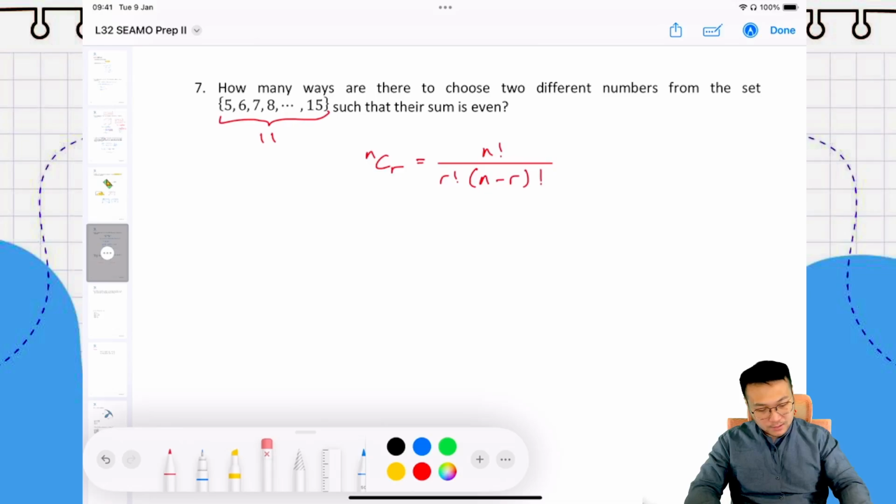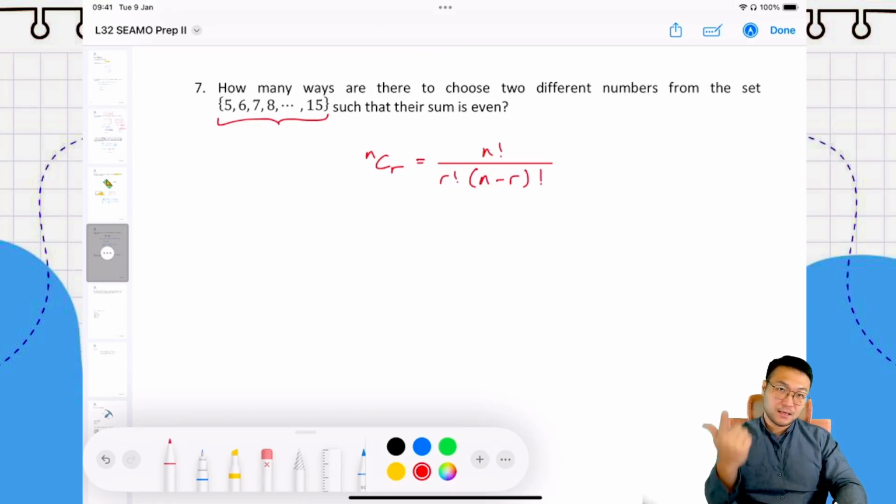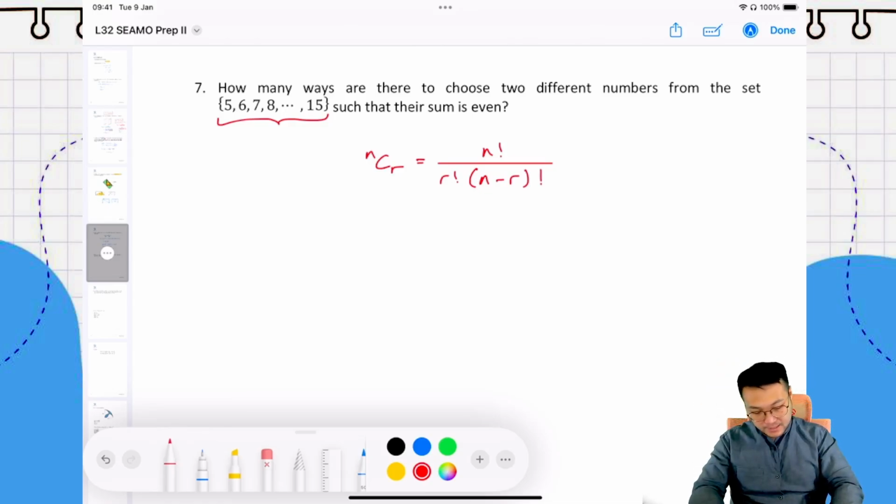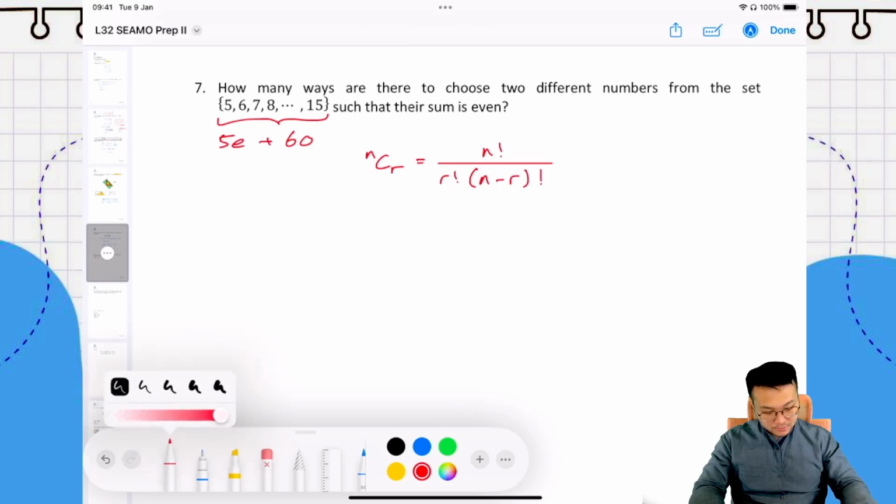Tell me, out of all these numbers, how many even numbers are there? 6, 8, 10, 12, 14. Yes, 5. So there are 5 even numbers. And how many odd numbers? 6. Correct.